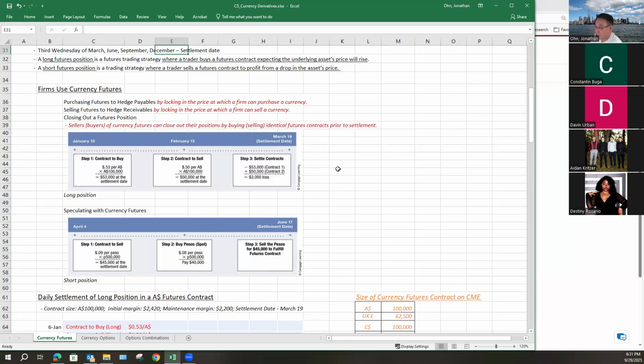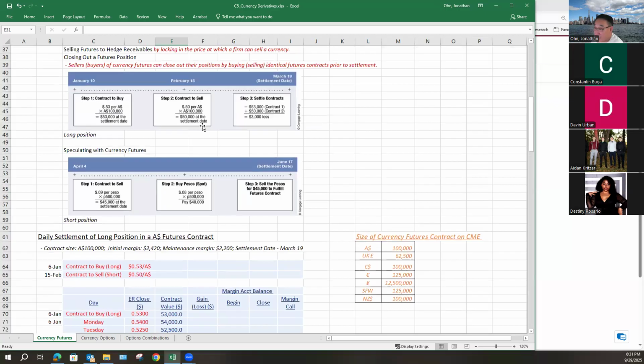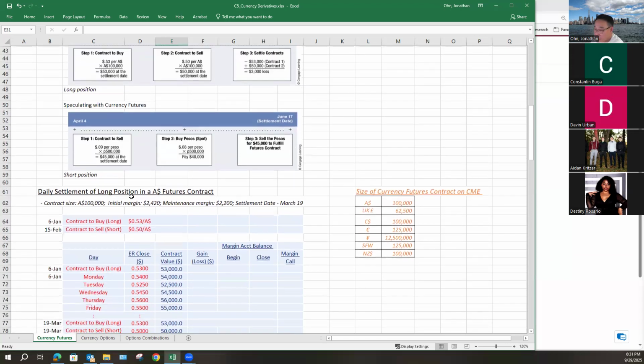Okay, that was a short example about trading futures contracts, long position and short position, and long position and the spot transactions. All right. This first example is similar.